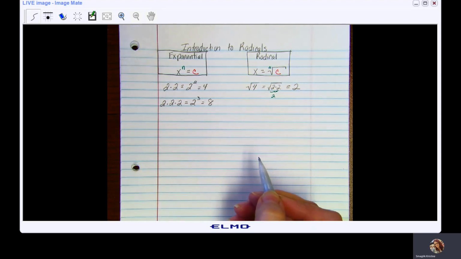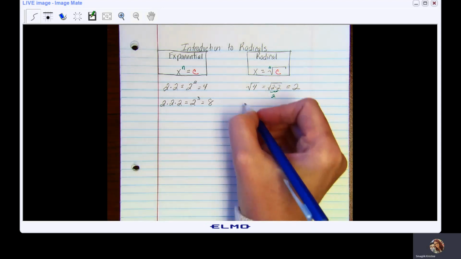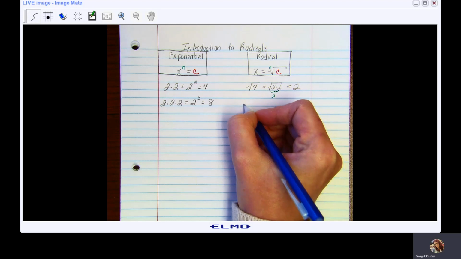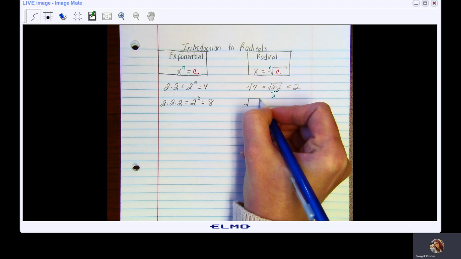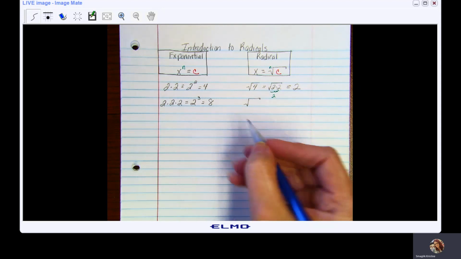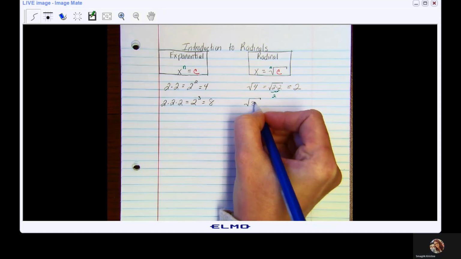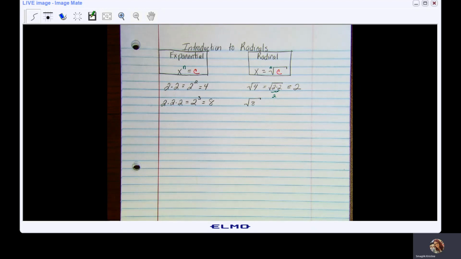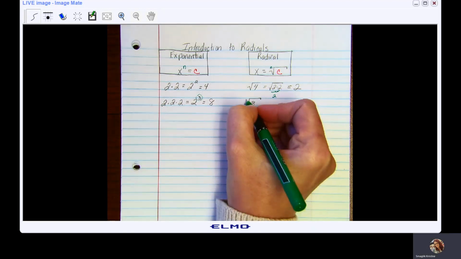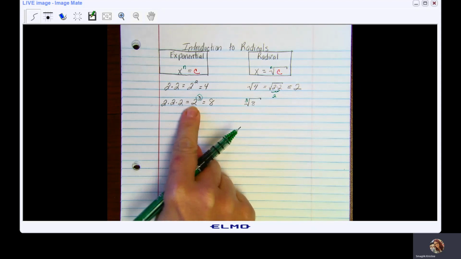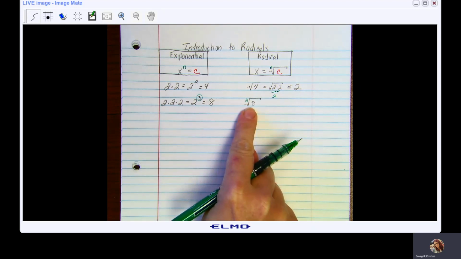Now let's write this in radical form. So now here, I'm going to draw my radical. My answer goes underneath that radical. And my index now is 3, because now I'm looking for a cube root. Here we cubed a number, now we're finding the cube root.